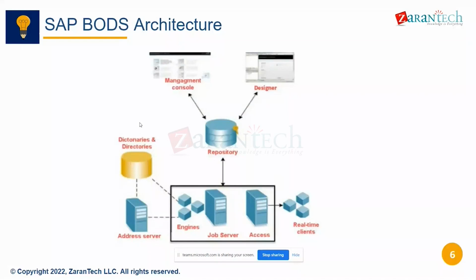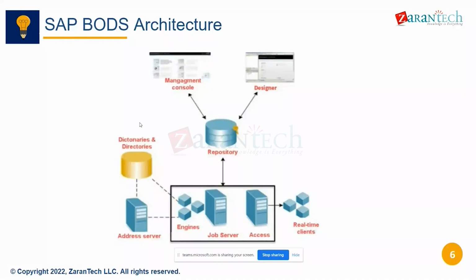So now coming to architecture. In every tool, like BODS is an ETL tool, it will store some data inside it. That data is not the actual data; we can call it metadata.